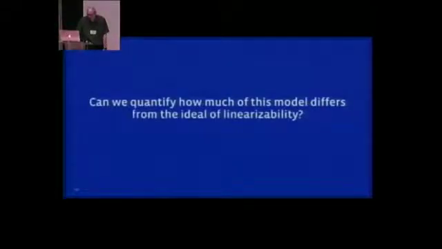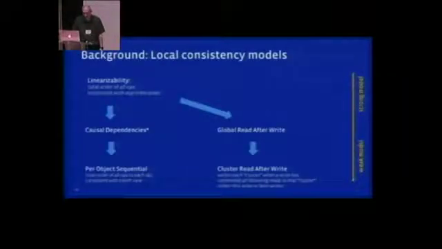So let's try to analyze it. As you probably recall, linearizability simply says it's a total order of all operations consistent with the real-time order. And I've shown you the per-object sequential consistency and the read-after-write consistency.